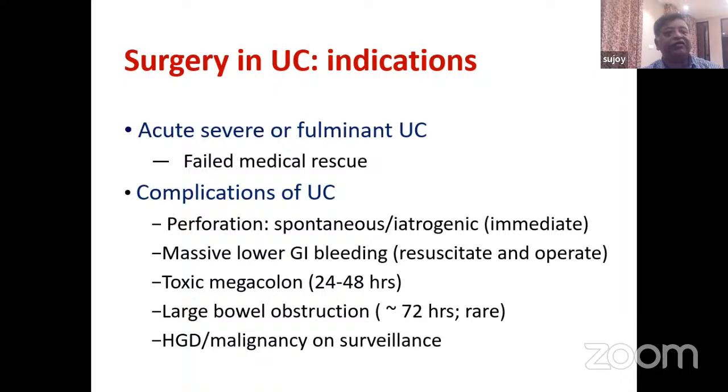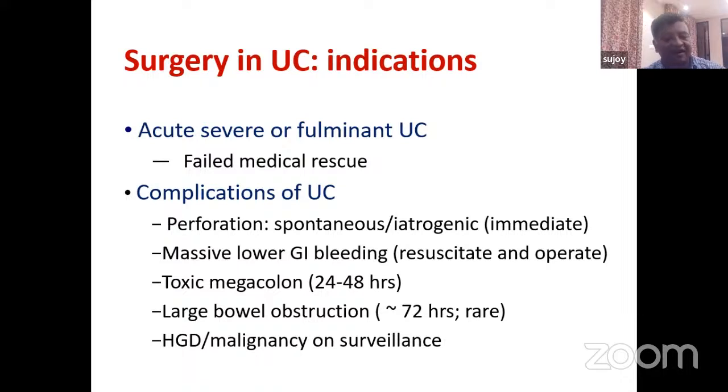In acute severe or fulminant ulcerative colitis, the most common indication, and the largest cohort of patients that we get, falls in this segment, where medical rescue has failed and surgery is offered as a way of terminating the acute fulminating episode.